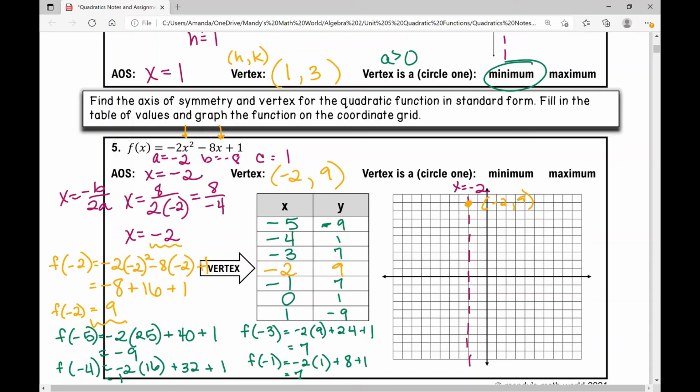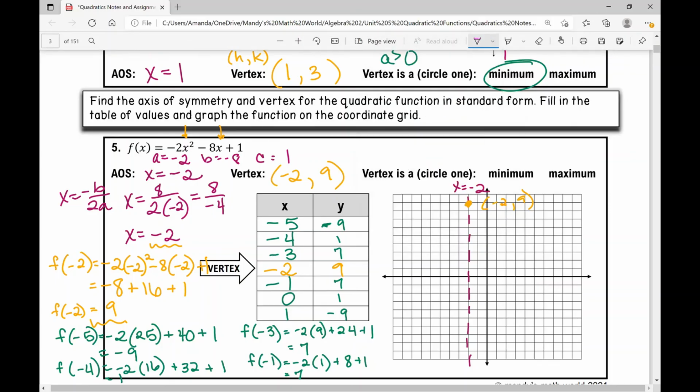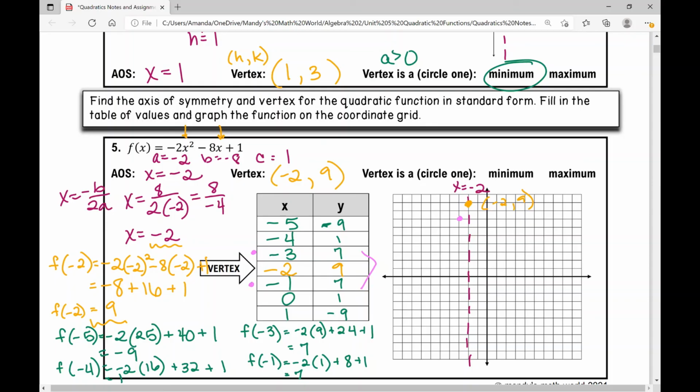The first thing I'm going to do is change colors here, and I'm going to start with x equals negative 3. When x equals negative 3, y is 7, which is right there. And then I'm going to plot the point that's to the right of my vertex, which is when x equals negative 1.